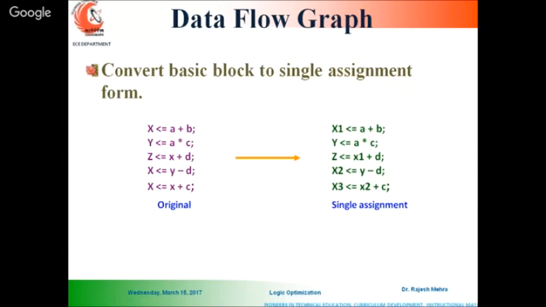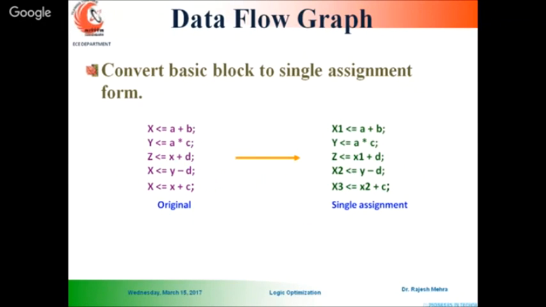Single assignment operators means you have to distinguish one variable from another. For example, X was at so many places, 2-3 places, but you can't distinguish which X. So you have to distinguish them, which means you are converting this Boolean expression into single assignment operator.